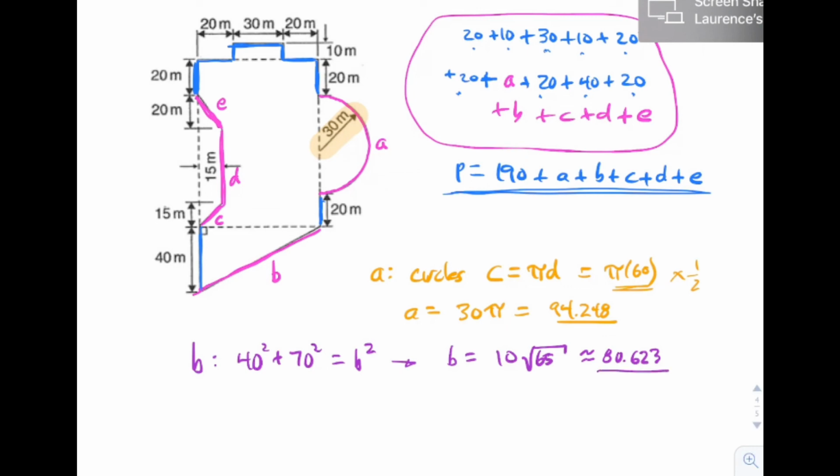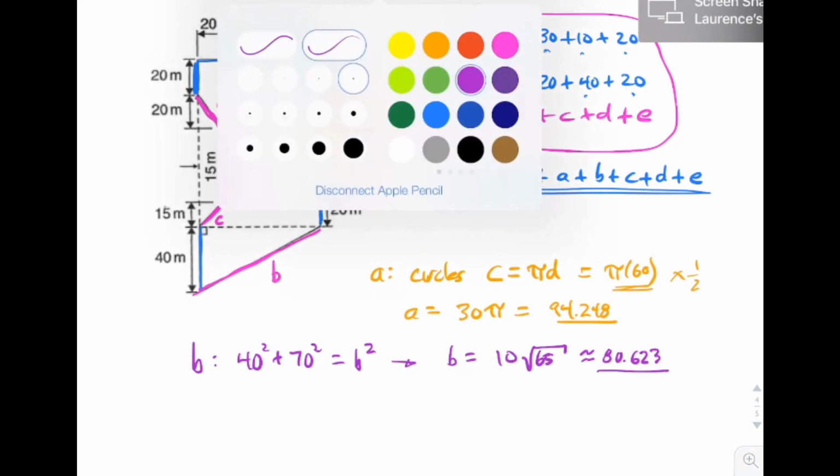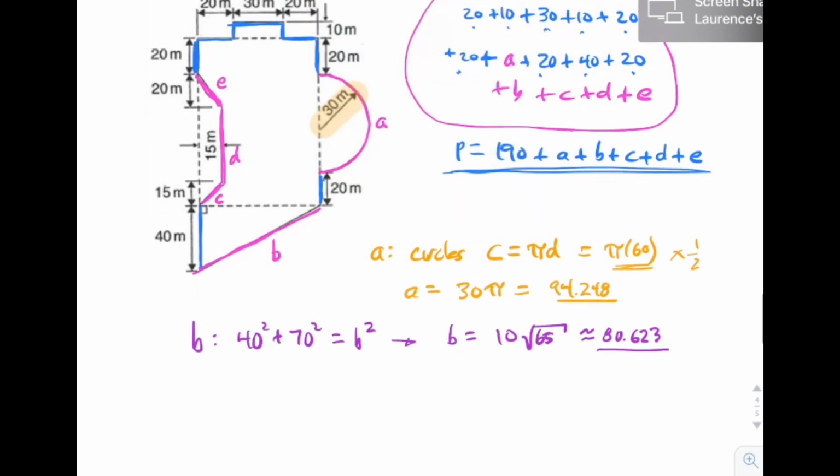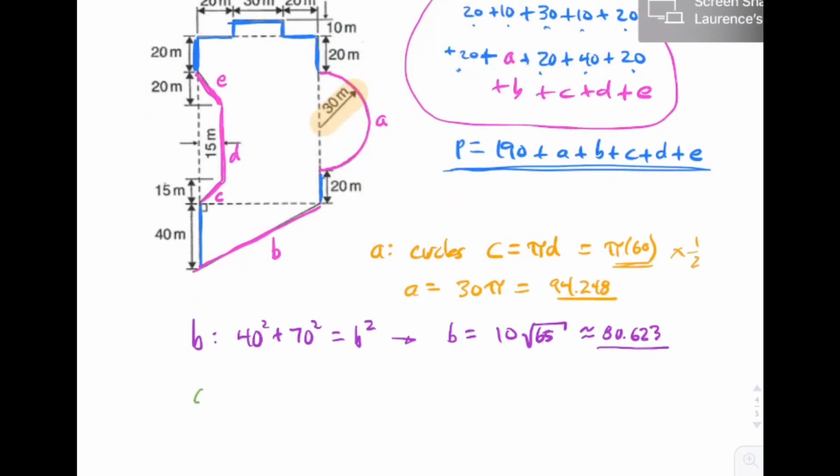Just got to work out the C, the D, the E. New color. Oh, yeah, let's get green. So working out C. Well, once more, that looks like the hypotenuse of a triangle, right? Think in terms of this triangle right there. C would be the hypotenuse of it. And so it would have one leg. This leg would be 15.